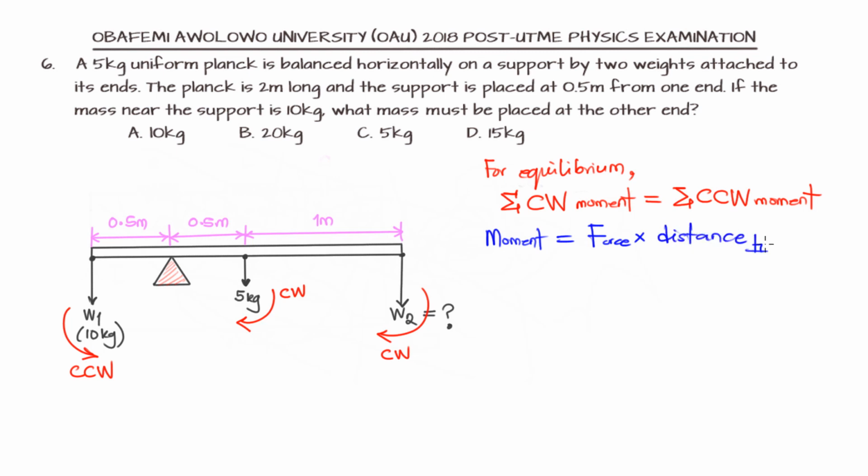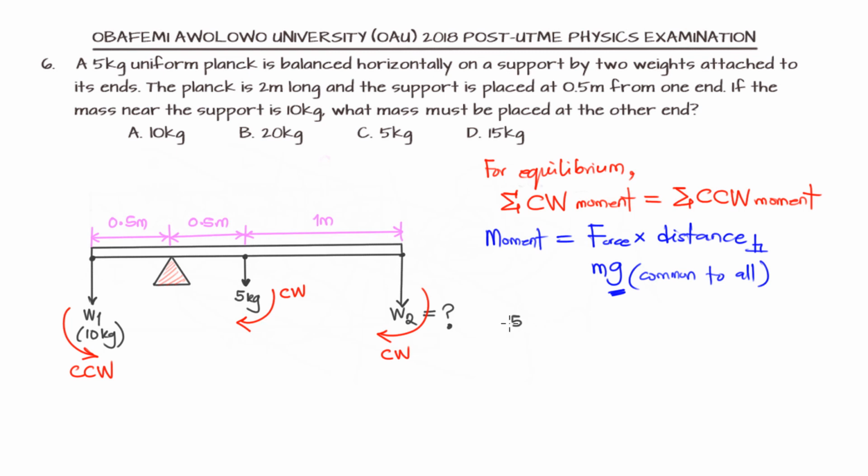Now if you notice in this diagram, we are only given kilograms, the mass, and force is mass times acceleration, in this case, acceleration due to gravity, g. But g will be common to all, so we don't need to plug in the value of g because it will still cut out. So we can just use our mass multiplied by the distance for this particular question. So that's what I'm going to be doing.